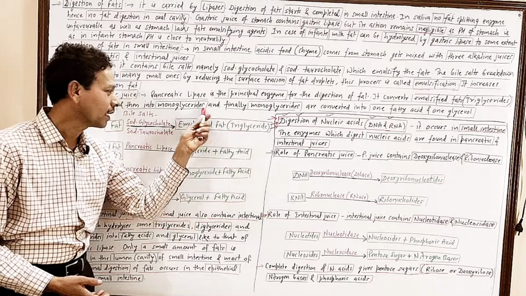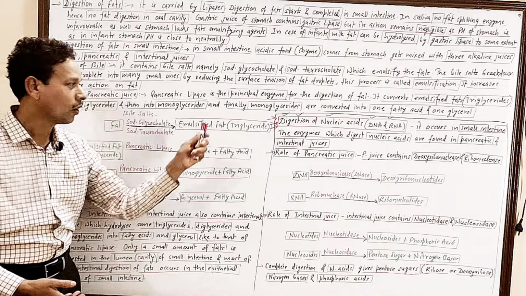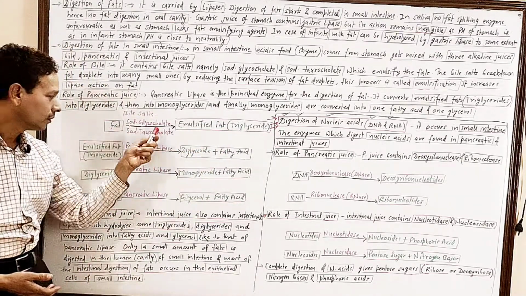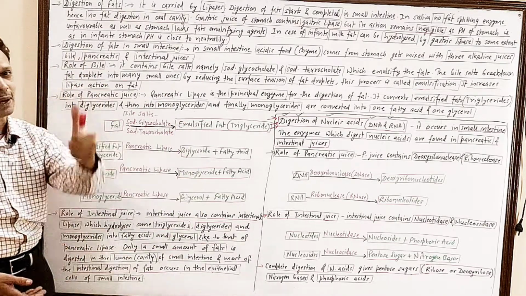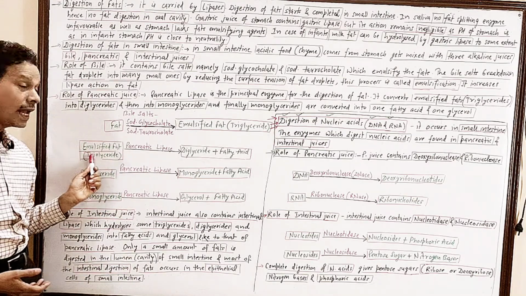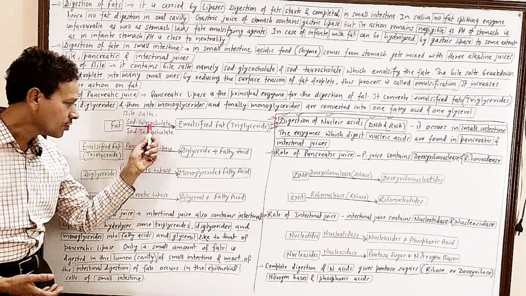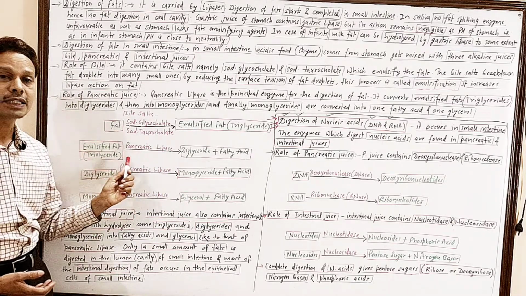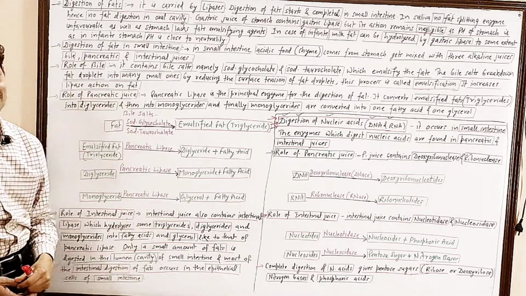These smaller units are emulsified fat or triglycerides, and on this emulsified fat, the pancreatic lipase acts in 3 steps. Step number first, emulsified fat, meaning this triglyceride, in presence of pancreatic lipase, is converted into diglyceride plus 1 fatty acid.